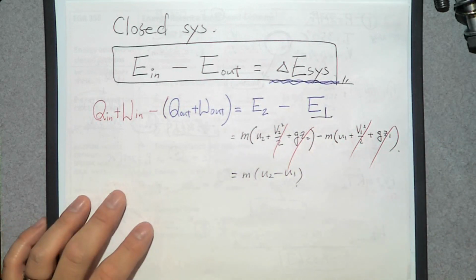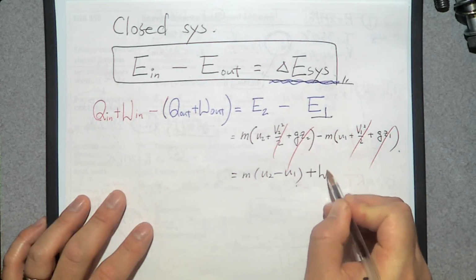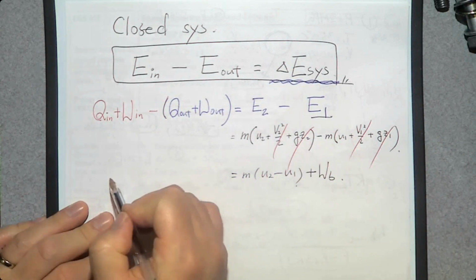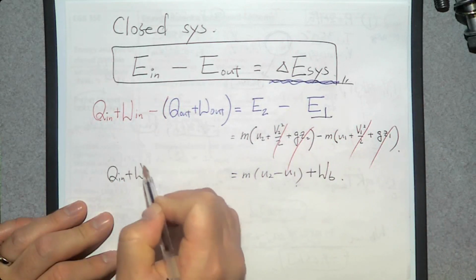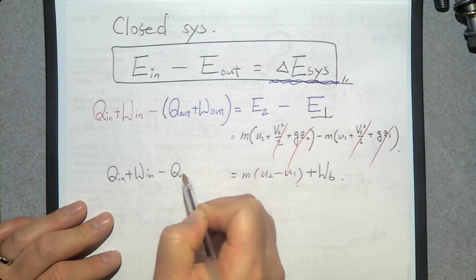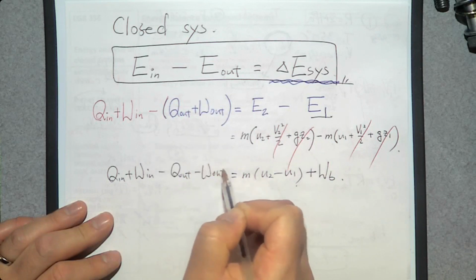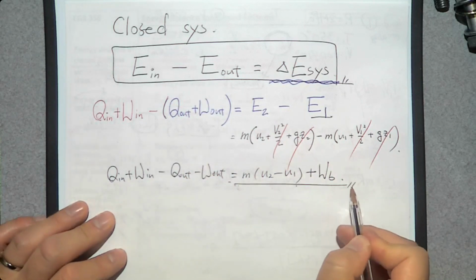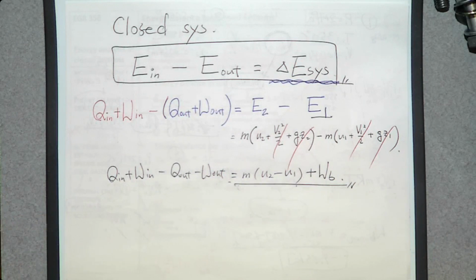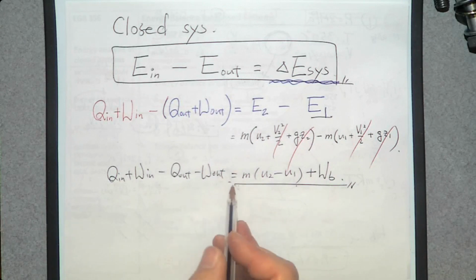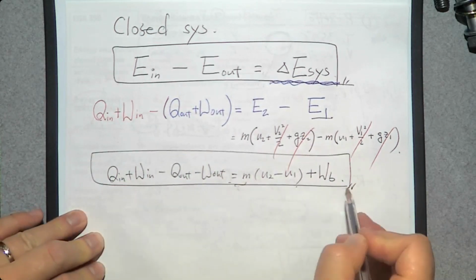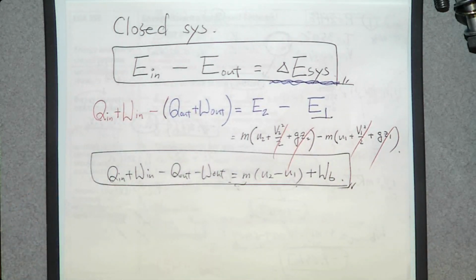So we need to add moving boundary work at the end. So Q in plus W in minus Q out minus W out is going to be mass times u2 minus u1 plus moving boundary work. This is the general form of the energy balance equation for a closed system, but there are ways to simplify this one.